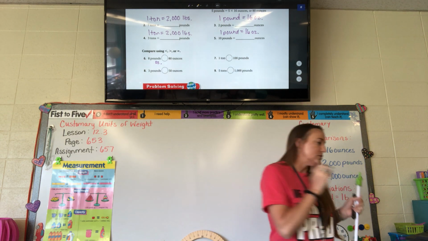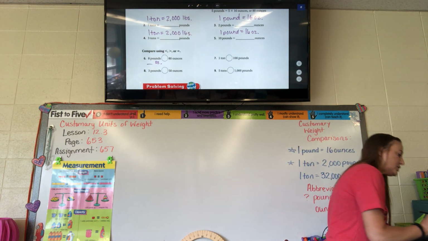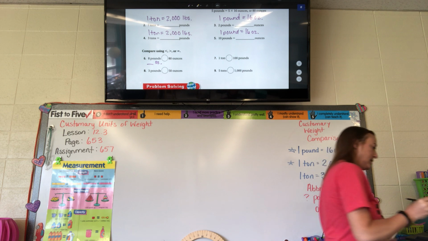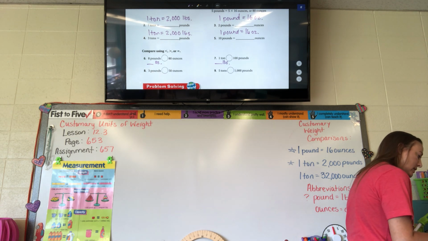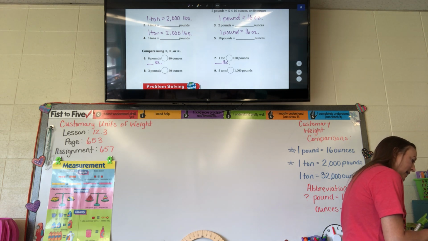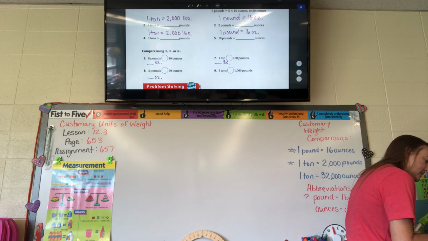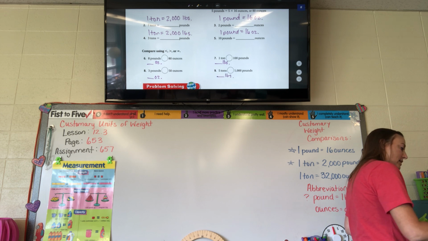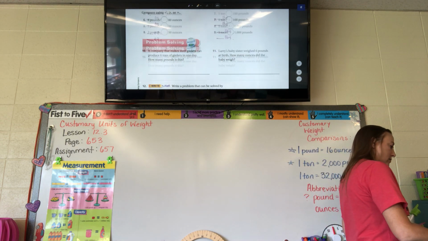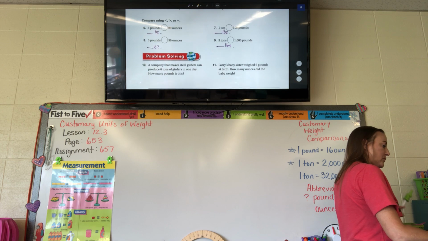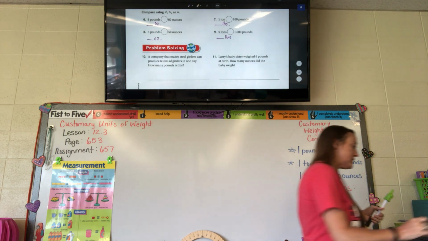And that's a reminder to you to convert 8 pounds into ounces. 1 ton, I want you to convert that one into pounds. 3 pounds, I want you to convert into ounces. And 5 tons, I want you to convert that into pounds. And then after you do that, use your less than, greater than, or equal to symbols.